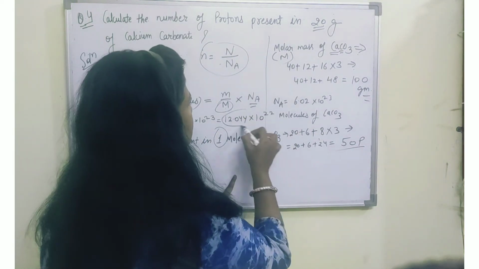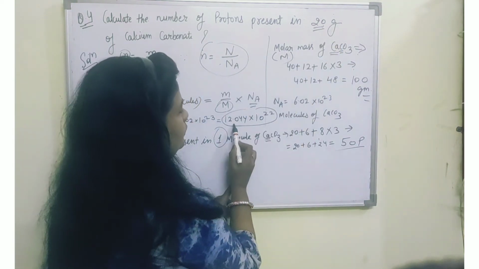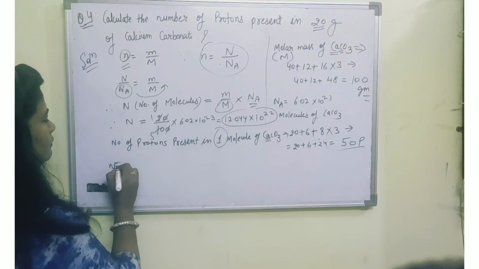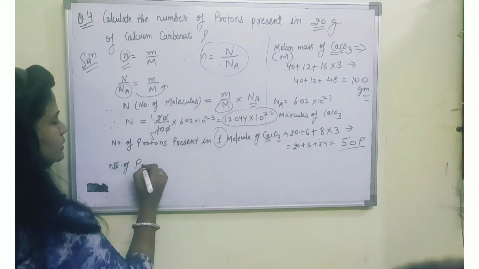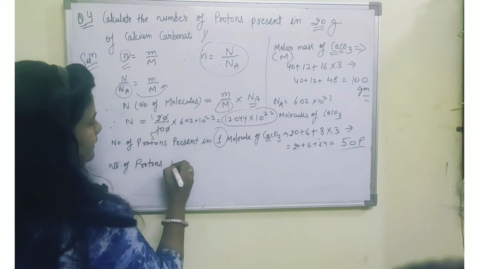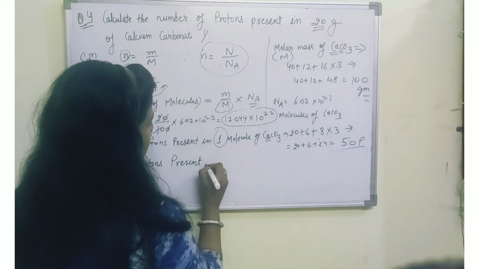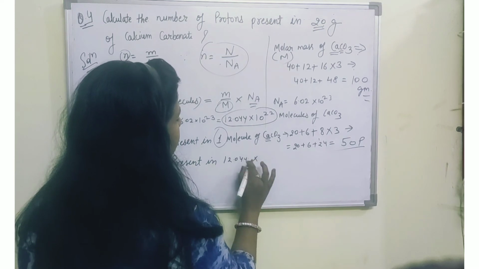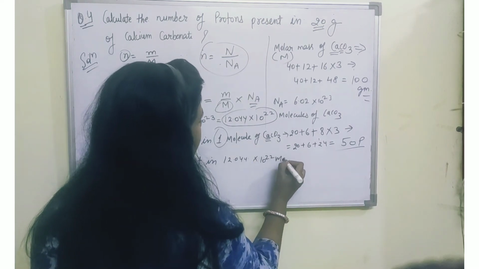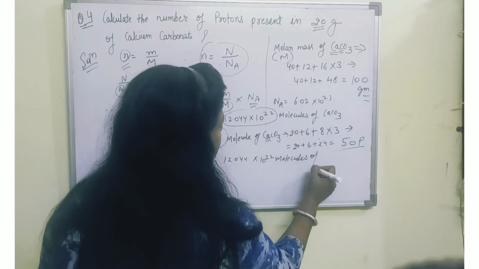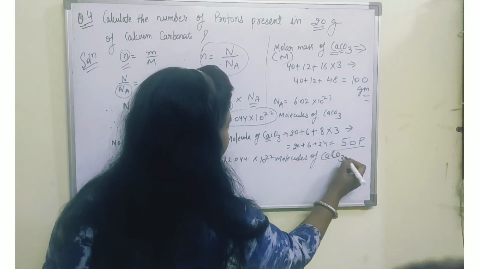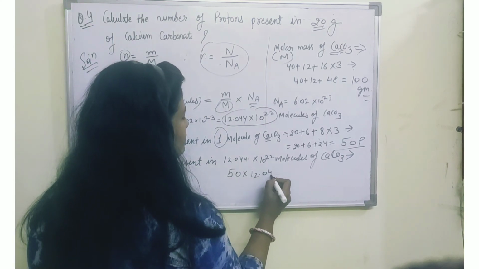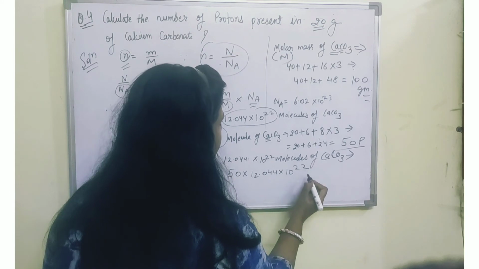So how many molecules are present in 20 gram? 12.044 into 10 raised to power 22 molecules of CaCO3 will contain number of protons equal to 50 into 12.044 into 10 raised to power 22.